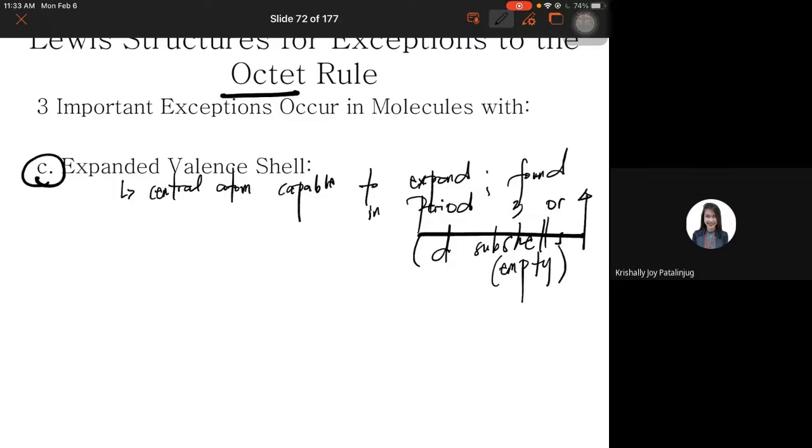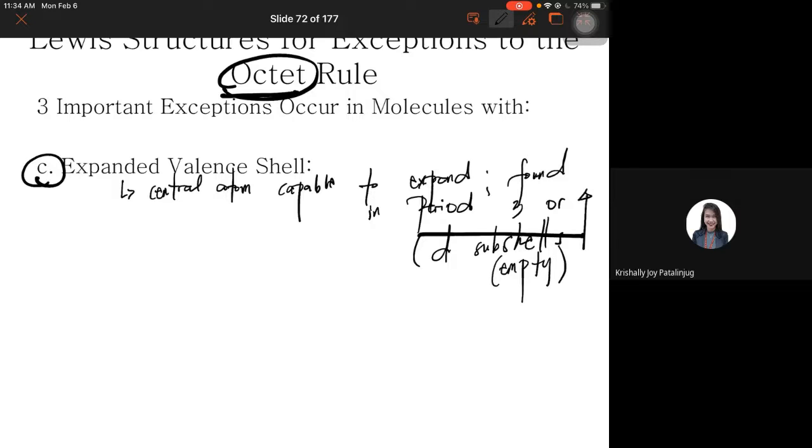So that's the reason they could expand their valence shell, because they have empty d subshells. They can hold additional pairs of electrons, which is more than an octet, more than 8 electrons. So I repeat, with an expanded valence shell, you will see in the molecules that the central atom contains more than 8 valence electrons.